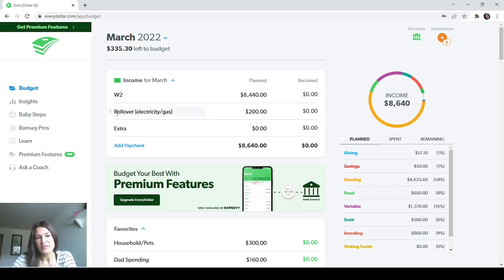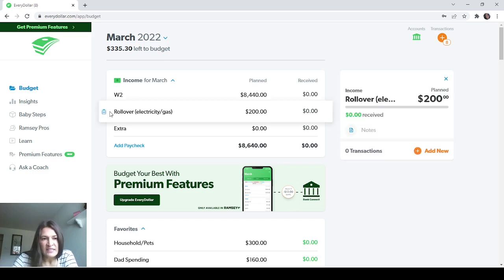electricity and gas, this was a rollover, and this is a copy of February's budget again. So with February's budget, I rolled over money from paycheck 2 for January to cover electricity and gas in February. But since this is just a monthly budget, it's no longer paycheck by paycheck, I don't think that I'm going to need this anymore.